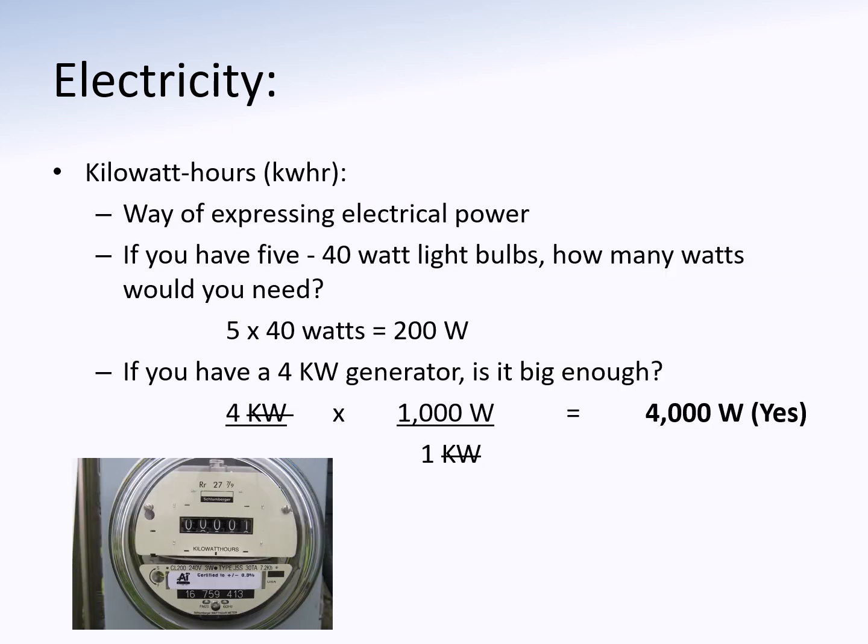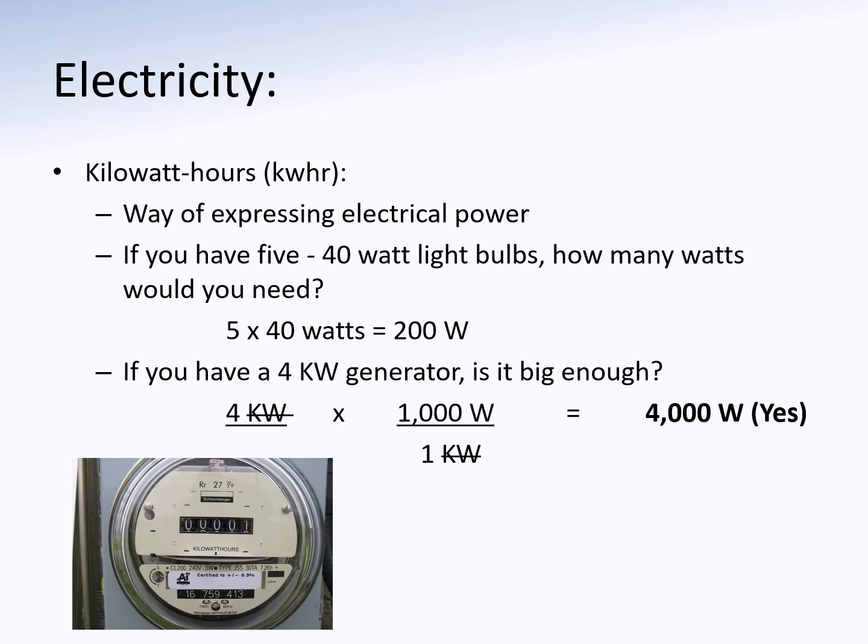At your houses or your apartments, or at least at the one that I lived in, you have an electric meter, right? And so that's usually going to be measured in kilowatt-hours. And so if you had to do a math problem here, like in this example, if you had 5 40-watt light bulbs, how many watts would you need, right? So 5 times 40 equals 200.